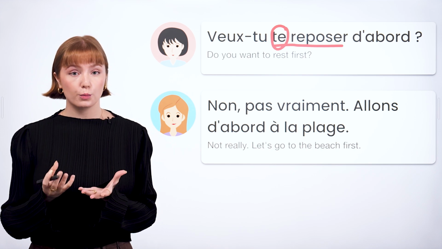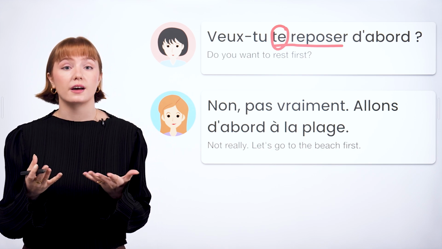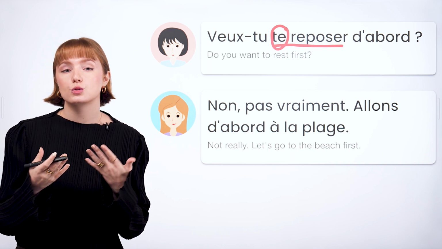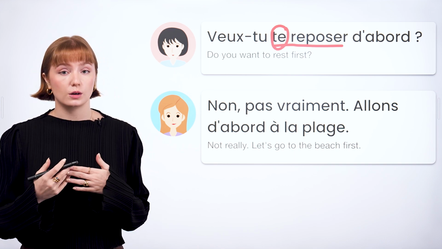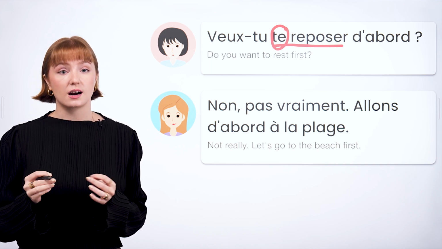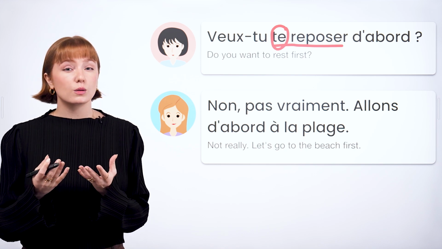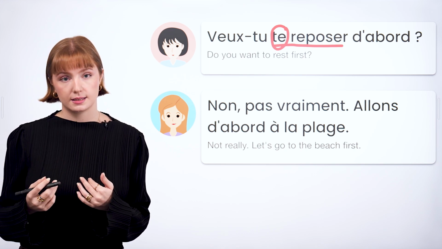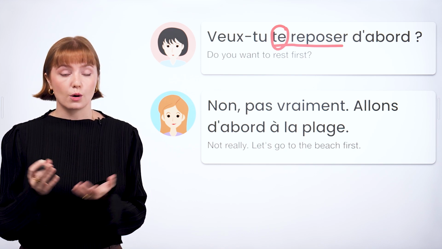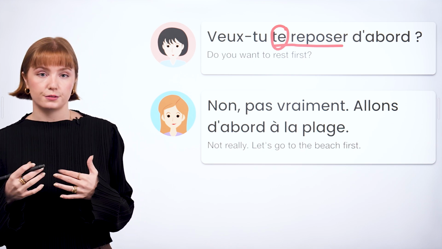In te reposer, te is the reflexive pronoun that corresponds to tu, the informal singular you. Reflexive pronouns are used when the person doing the action is also the one receiving it. In other words, when someone performs an action on themselves.